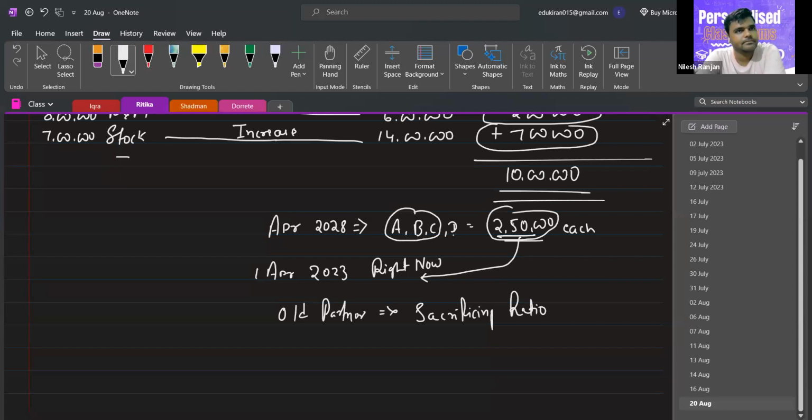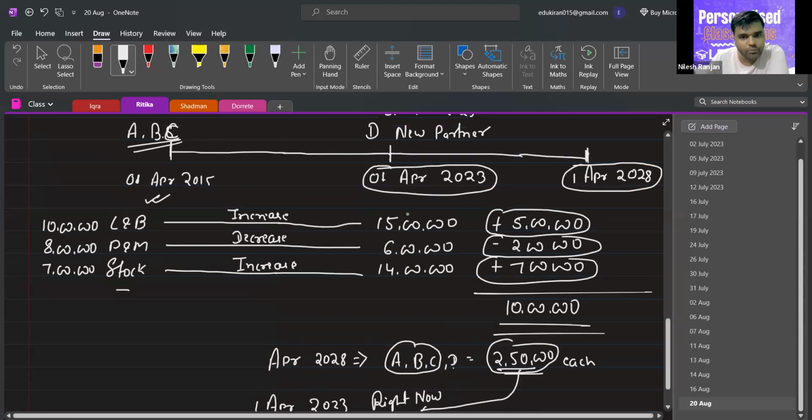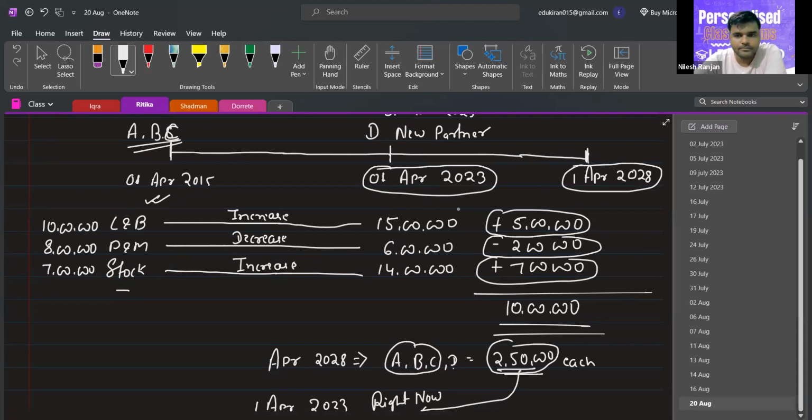So this amount which the new partner has to pay back during his admission, how is that value determined? Because we revalue the assets and liabilities in April 2023. So his one share of the profit is the value he has to pay back. Yes, his profit share will be paid by him to the existing partners.